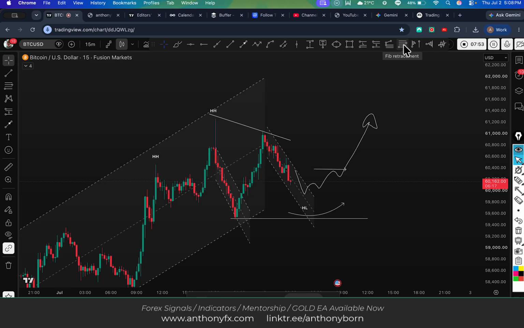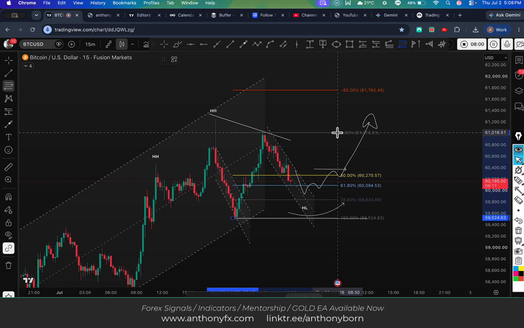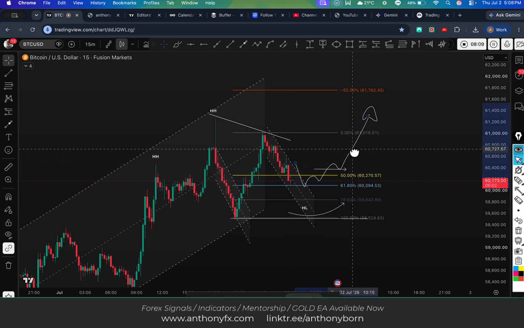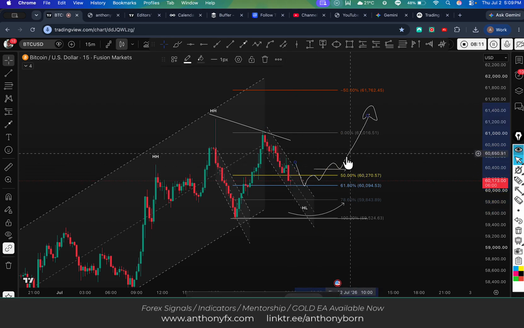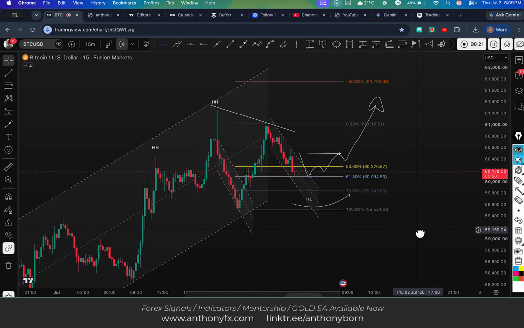So if you grab the Fibonacci and you pull the Fibonacci from a low to high, I really don't want to see it pull down under the 61.8. So if it's a shallow pullback above the 50 and it starts to break structure, the momentum's really strong and it's there. The further this pulls back, then you want to be questioning whether the momentum's really there or not.